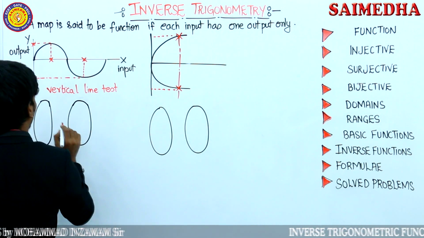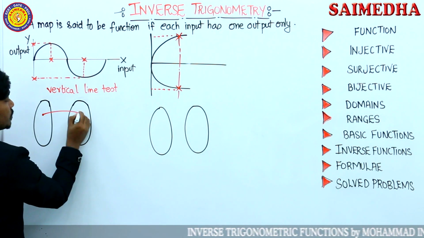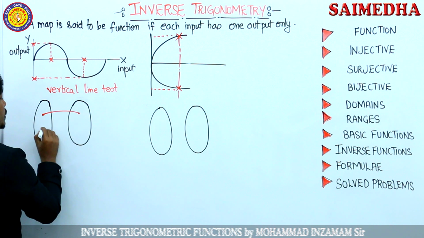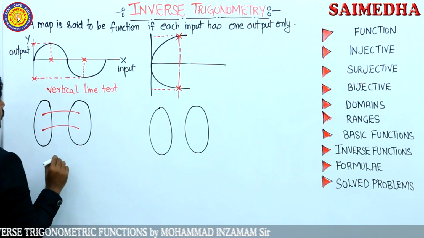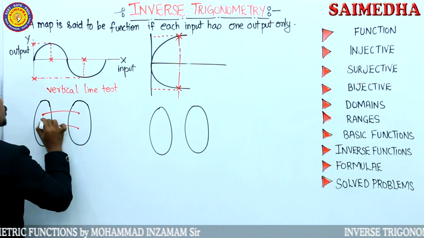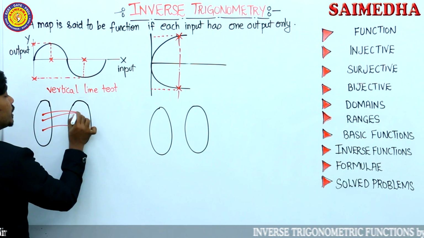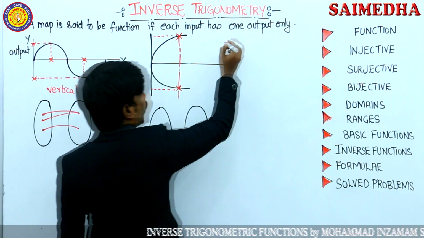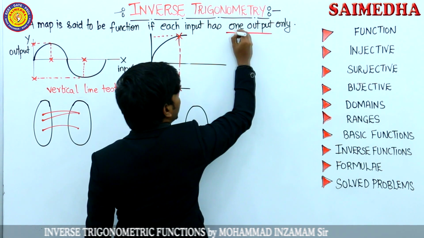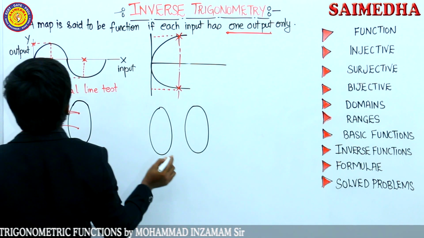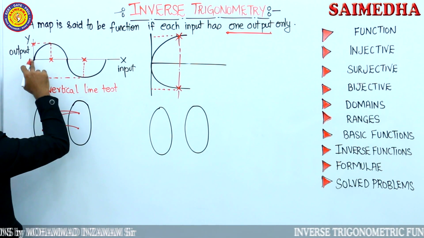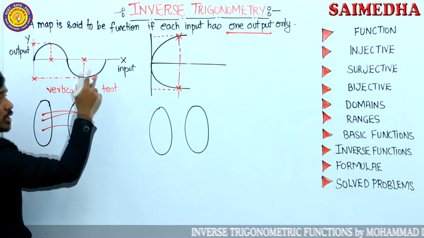Observe here. I am drawing one line. This is one. This is one. This is again one. The possibility is there that two inputs are going to give you one output. Your area of interest is how many outputs, guys? One output only, because sin 0 is what, guys? 0. Sin 180 is also 0.